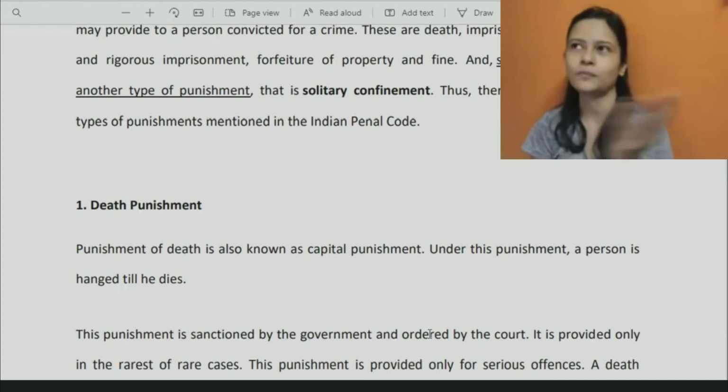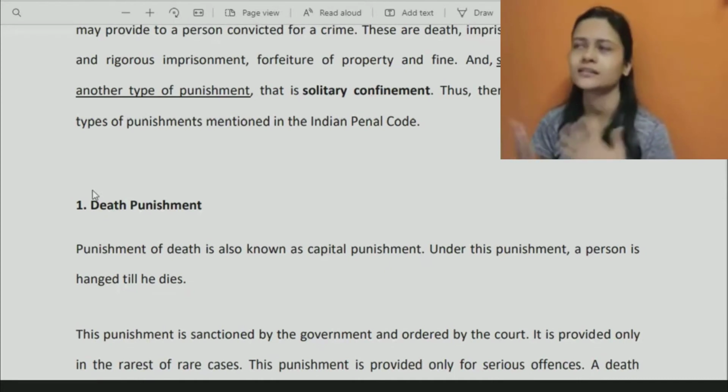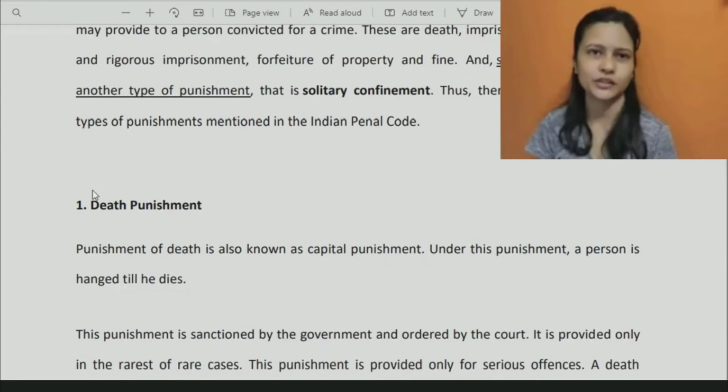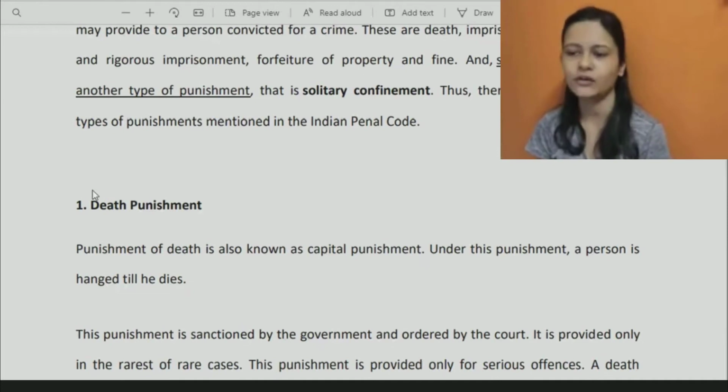It should not be like a public display or some exhibition sort of thing. That is why public hanging is not allowed nowadays. When we were in school, it used to be allowed, right? We saw so many things on news also, but now it is not allowed because of Article 21, that we have a right to live a dignified life. It's not just animal existence.